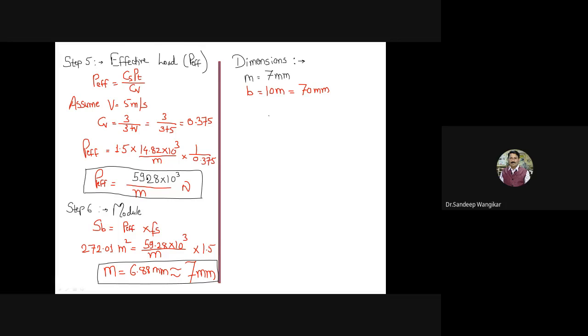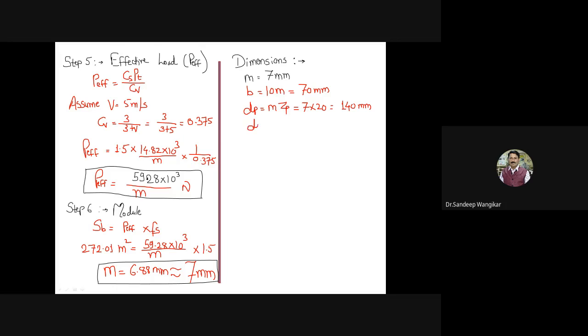Next, I can calculate dP, m into zp. Okay, so 7 into 20, 140 millimeter.